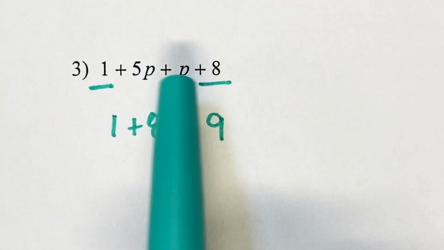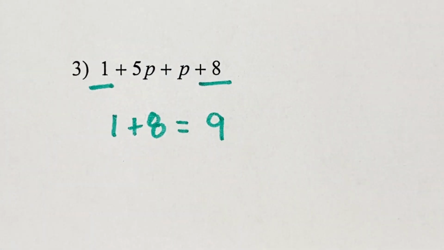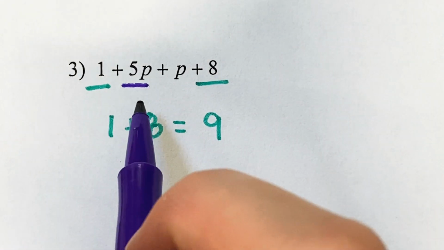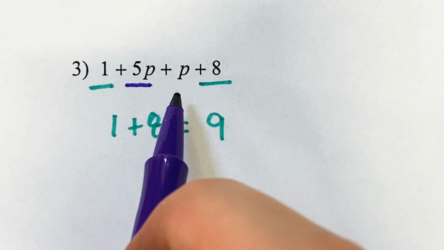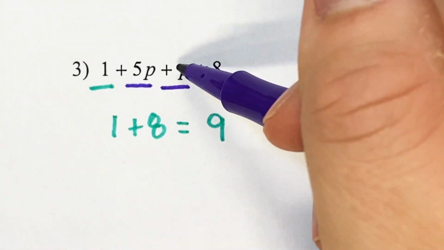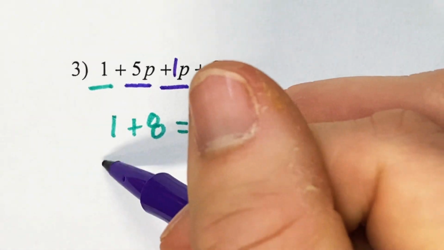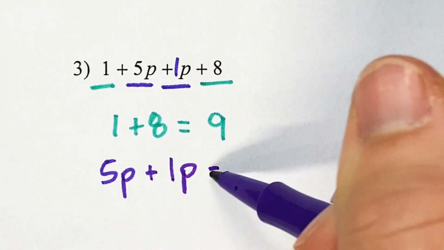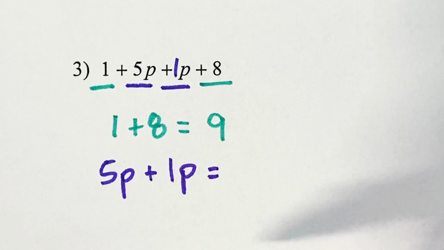We still have 2 other terms that could possibly be like terms, right? So let's look at our second term, which is 5p. We're looking for another term with a p, and that other term does have a p. This is like saying 1p. So we have 5p plus 1p. What is 5 plus 1?